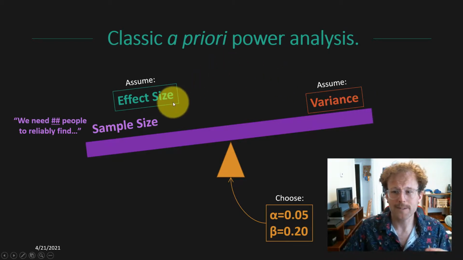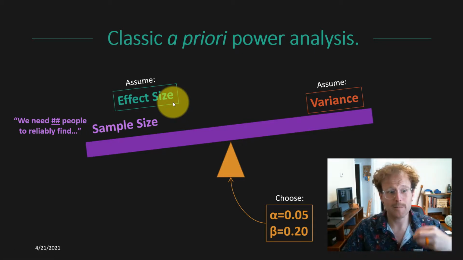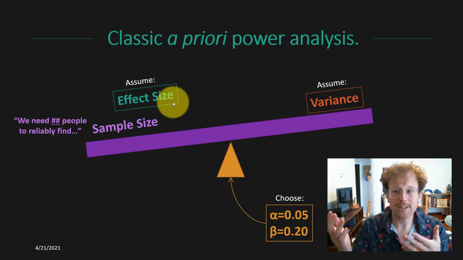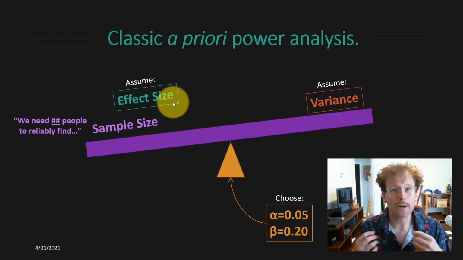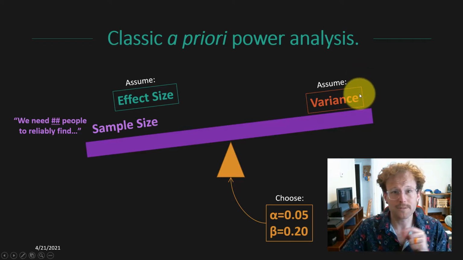Then we're going to have to make some assumption about the effect size. And this might be a cumulative effect size based on a meta-analysis of past work, or it might be some minimal clinically important difference that we find in the literature. In either case, we're going to establish some smallest effect size of interest relative to the variance.